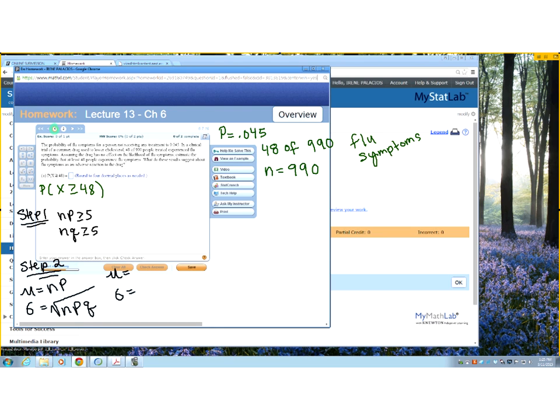So what do you guys get for the mean, and what do you get for the standard deviation? Okay, so that's the mean and the standard deviation.